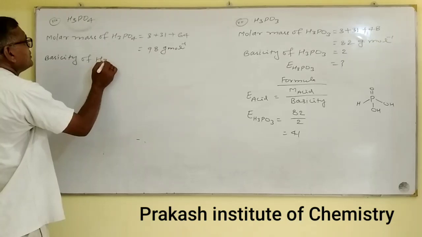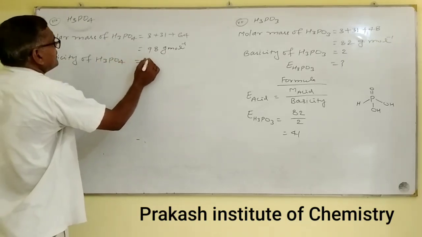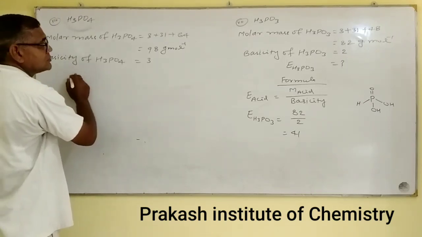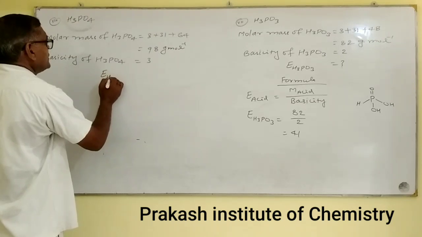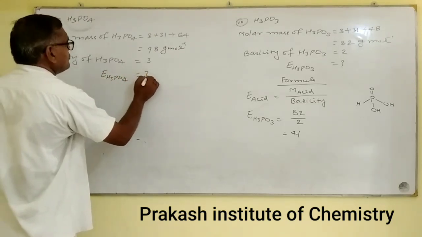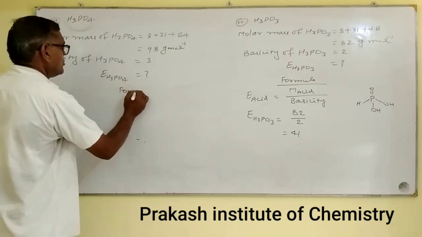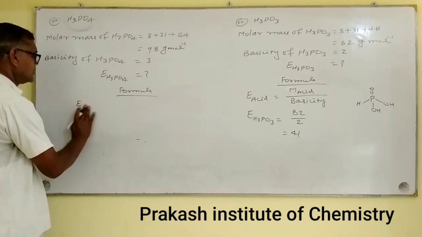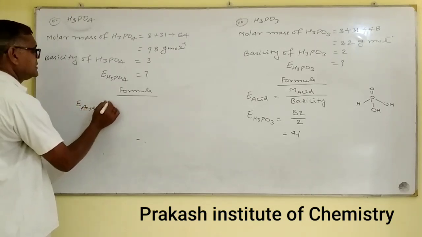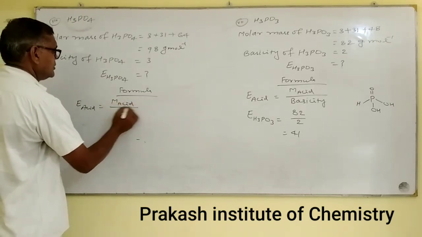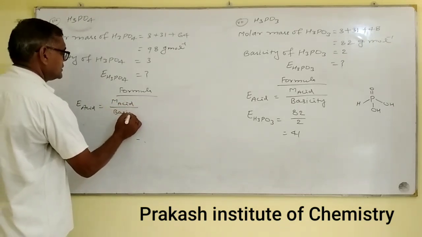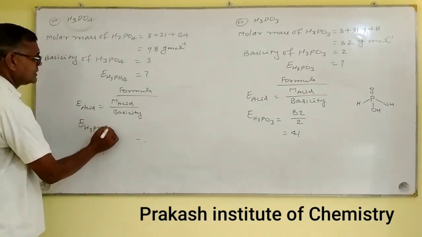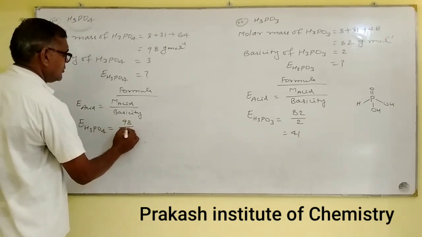Basicity of H3PO4 is 3. Equivalent weight of H3PO4 is equal to what? We write formula: E acid is equal to M acid upon basicity. E H3PO4 is equal to 98 upon 3.